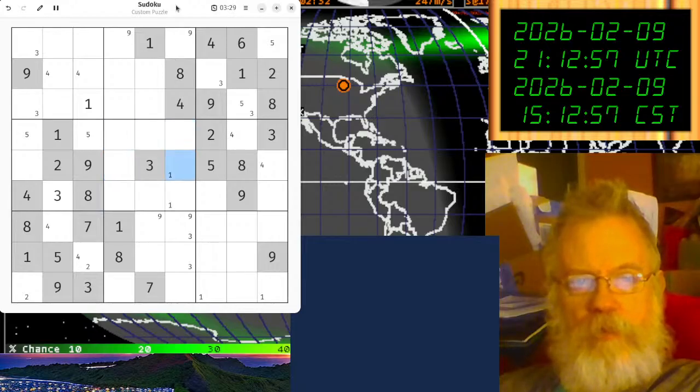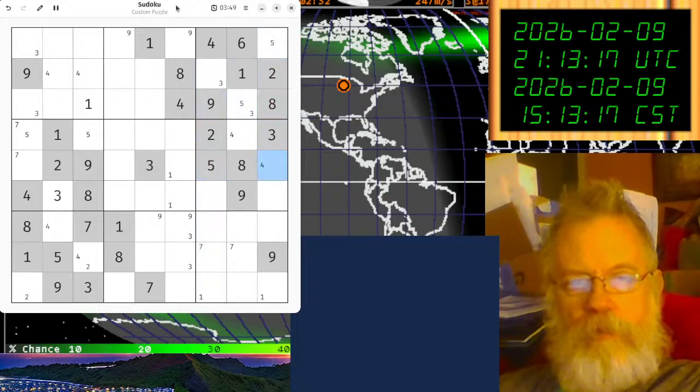At the moment I've got 6 possibilities for 7 there. 2 here. 3 here. 4 here. 6 here. 2 possibilities for 7 here. 3 up here. And 4 possibilities for 7 here.